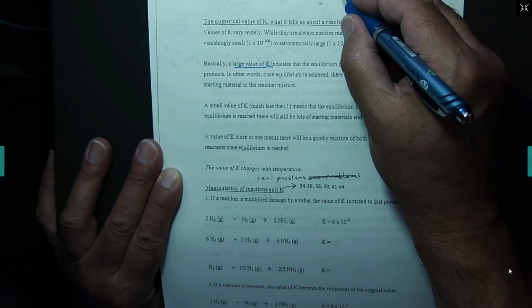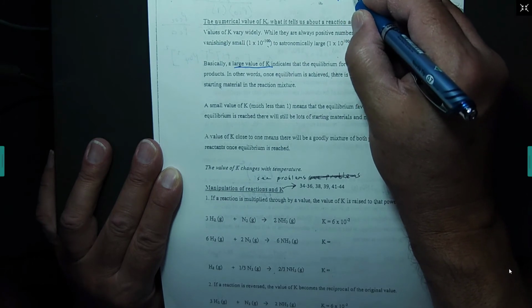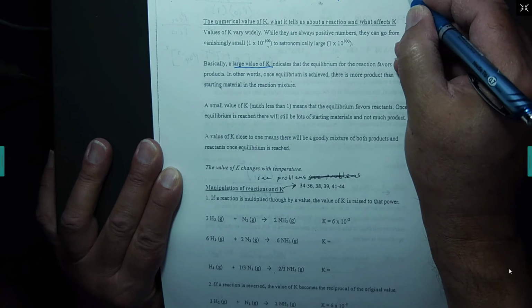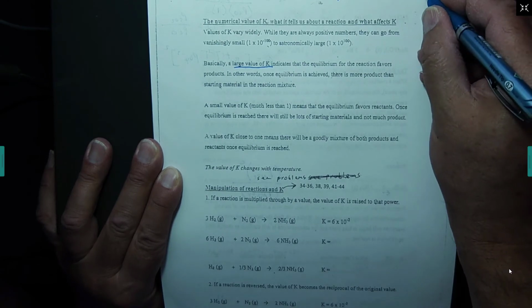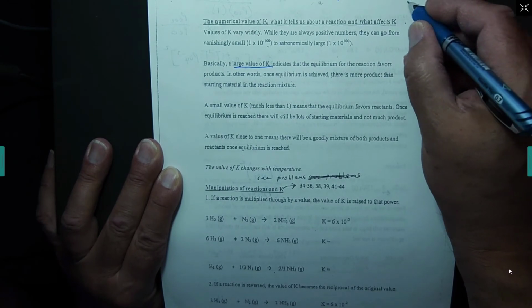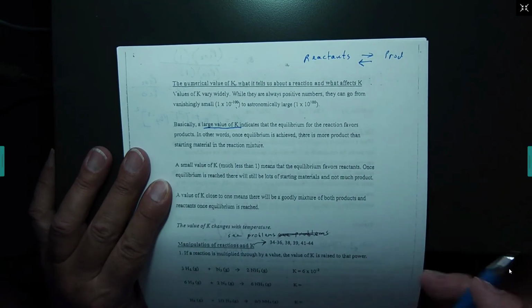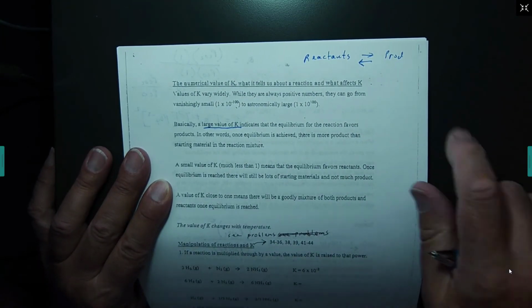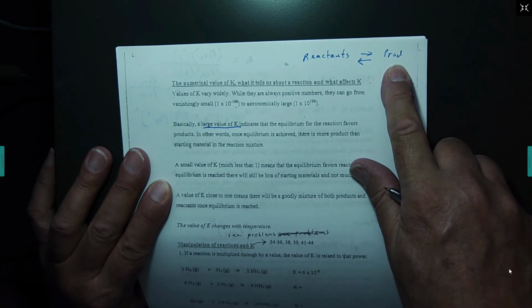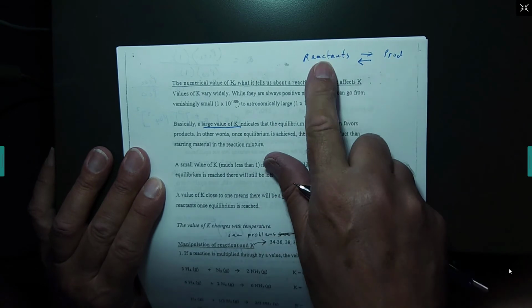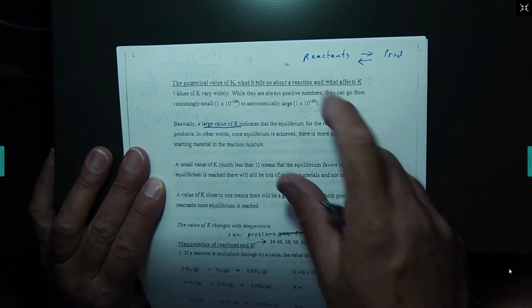Remember, you have reactants turning into products, and it's reversible. So a large value of K means when the reaction's done, you have almost all products. A small value of K means when you're all done, you have mostly reactants.